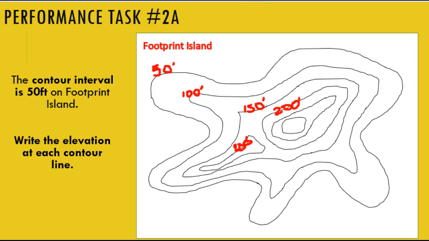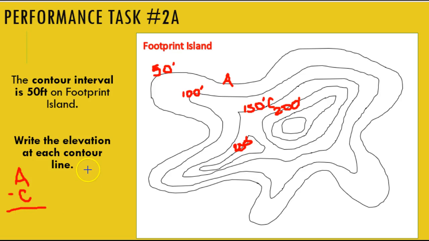Now, if we want to find the change in elevation, what we do is we take a look at the contour lines and we subtract the elevation of one from the other. So let's say we wanted to find, let's label this line A, and then we'll label this one C. We want to find the change in elevation between A and C. What we would do is A minus C equals our change in elevation.